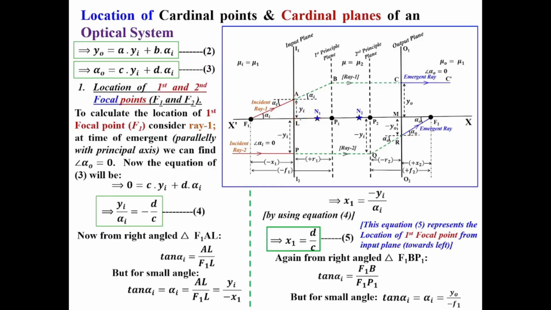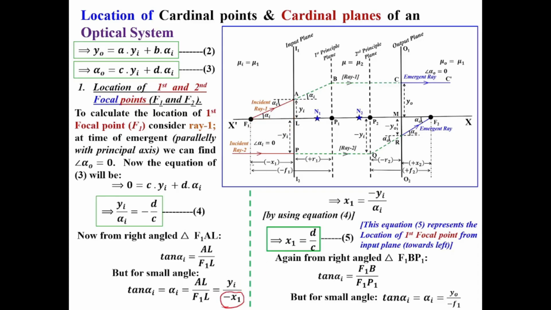So here yi, as we are measuring from principal axis towards up, this yi will be positive according to sign convention. F1L length, this length we are considering from this point to this point, okay? As we are considering towards left from the input plane, then obviously it will be negative according to sign convention.